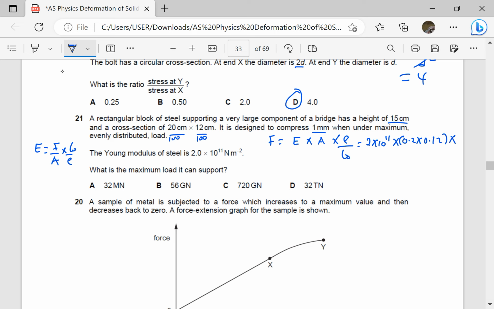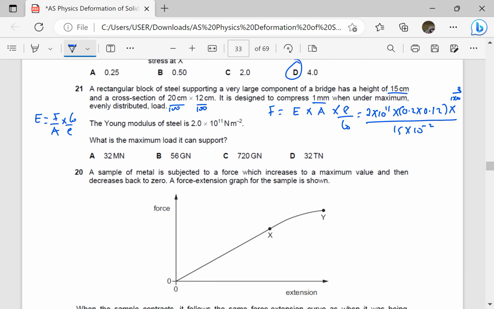Then times the extension, which is 1 times 10 power negative 3, then divide this by the original length, which is going to be 15 times 10 power negative 2, because the block has a height of 15 centimeters.